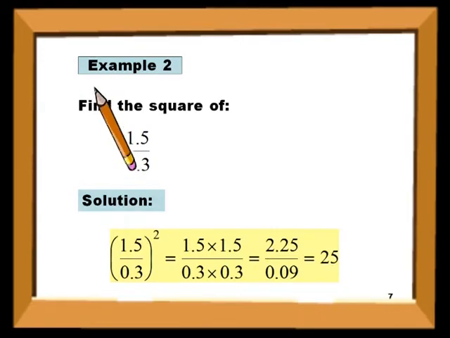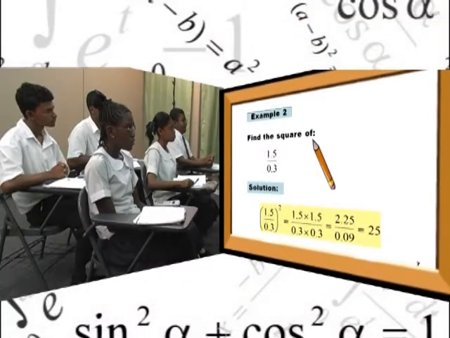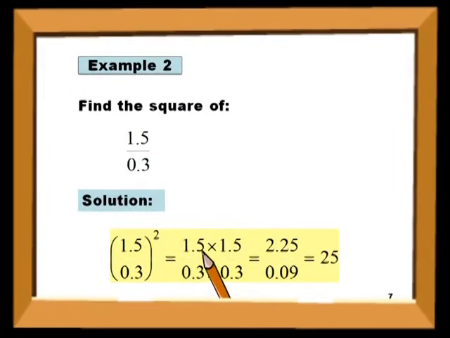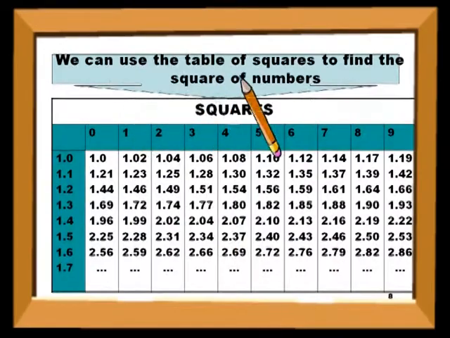Example 2. Find the square of 1.5 divided by 0.3. Solution. (1.5 divided by 0.3) squared equals 1.5 multiplied by 1.5 over 0.3 multiplied by 0.3 equals 2.25 divided by 0.09, which is 25. We can use the table of squares to find the square of numbers.